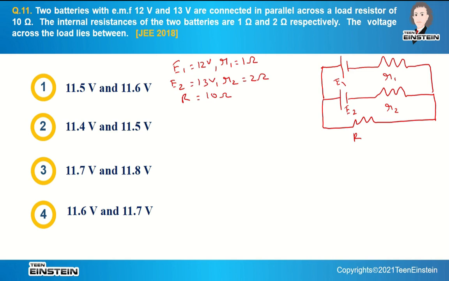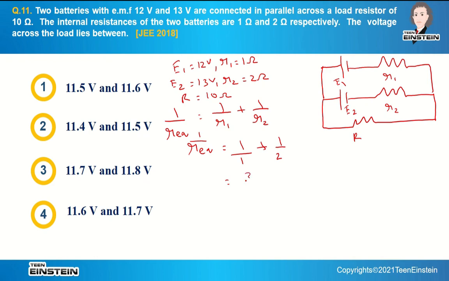Okay, so the equivalent resistance of R1 and R2 is given by 1 by R equivalent equal to 1 by R1 plus 1 by R2. So 1 by R equivalent equals 1 by 1 plus 1 by 2.